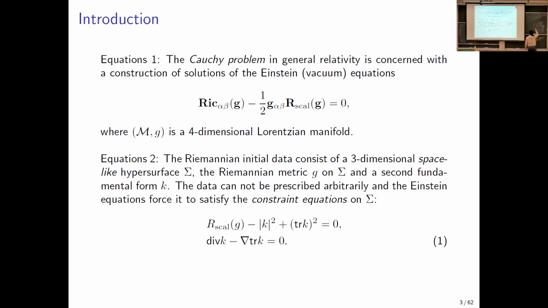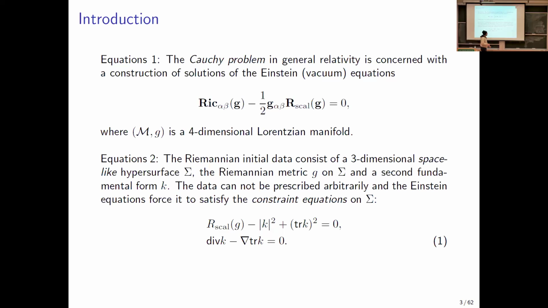If you consider a space-like hypersurface of your manifold, then the induced metric here will be space-like, right? It will be Riemannian. And now the Einstein equations actually impose conditions on that Riemannian metric. And these are what we call the constraint equations.